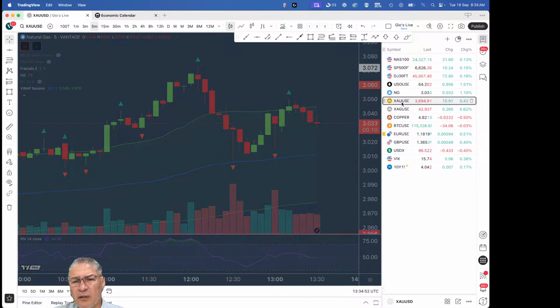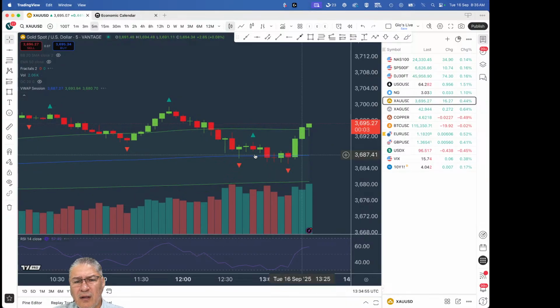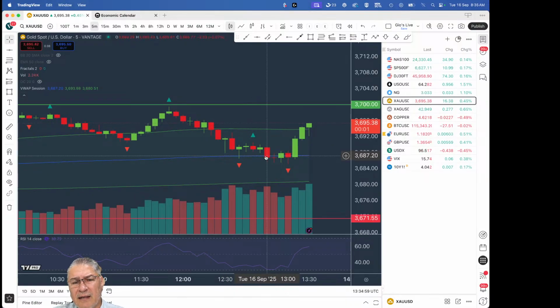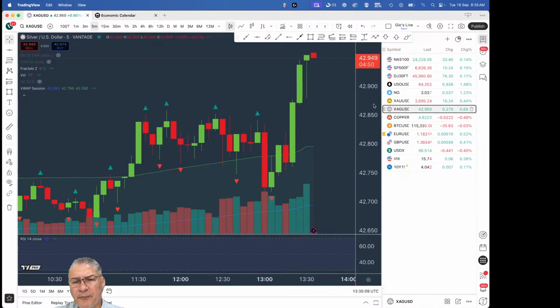Take a look at gold. All right, so gold. See again, nice trade off the VWAP, parabolic movement, breakout, boom. So 3,700 is the target if you enter the market long now.